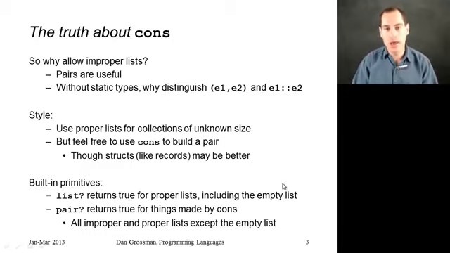And as we saw in the REPL, as I was playing around with this, the list question mark predicate built into the language returns true for proper lists, including the empty list, but it returns false for improper lists, whereas the pair primitive returns true for anything made by cons. And so that includes all proper lists except the empty list, and it also includes any sort of pair.